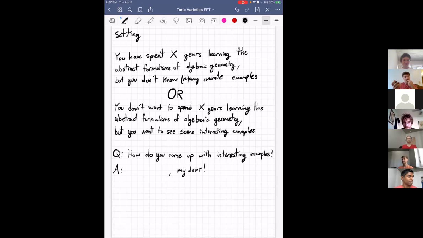So how do you come up with these interesting examples in a pretty concrete way? And the answer is combinatorics, my dear. I know there were a lot of people who were hoping for this. So let's talk about the combinatorics of some cones.